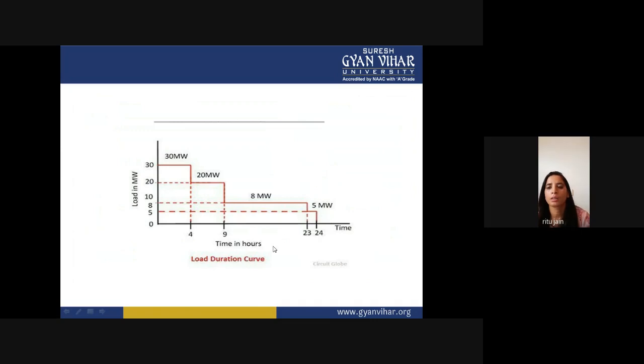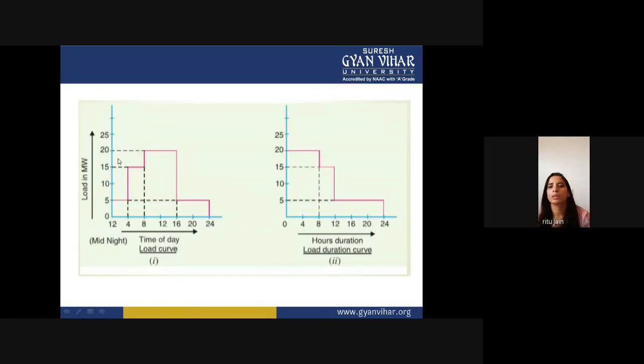And this is time in hours. So this is the basic difference between the daily load curve and the load duration curve. The daily load curve you draw according to the time of the day, but this is the hours duration.